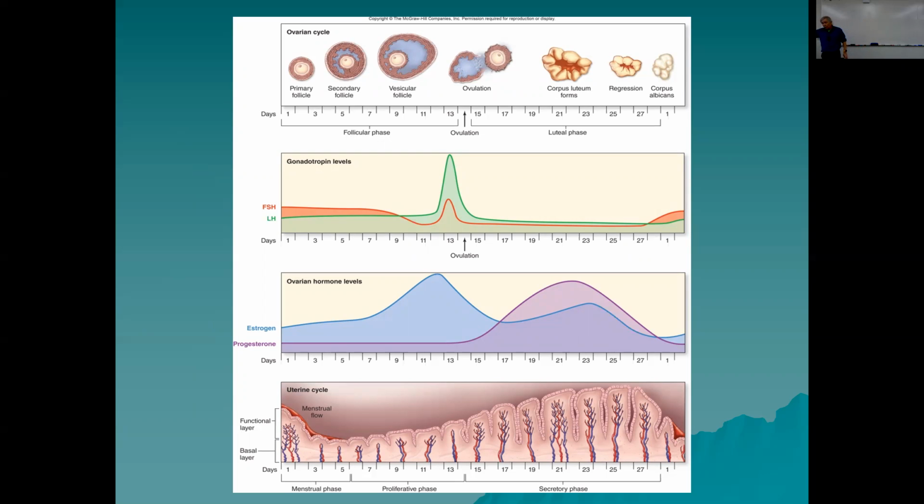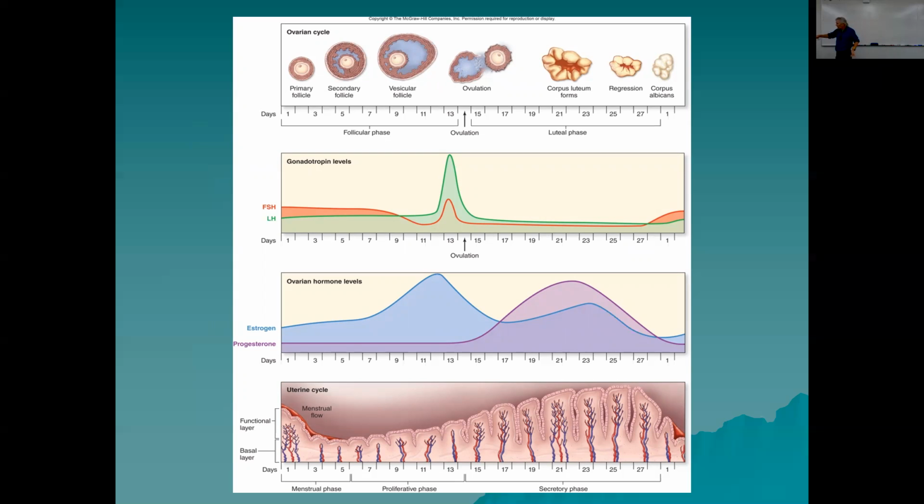And then the corpus luteum forms and starts making progesterone. You can see the purple is the progesterone, how that really rises, and that does a secretory phase. You can see all those blood vessels being made in the stratum functionalis of the endometrium, getting ready for a possible implantation.